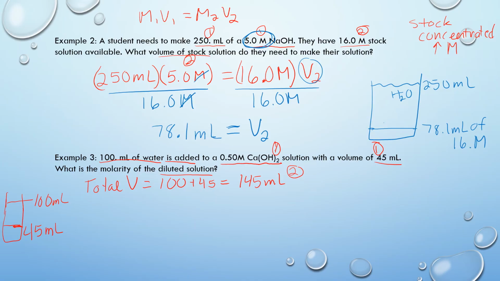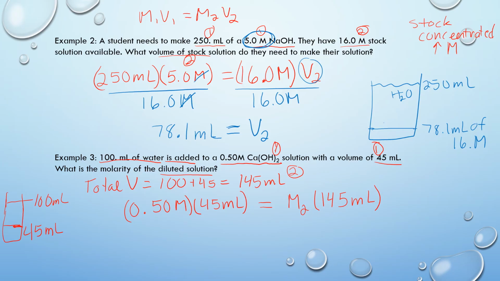So let's plug into our equation. So I know I've got M1, and that's paired with V1, 45 milliliters. And I don't know my new molarity, but I know I have a total of 145 milliliters when we add in that 100 milliliters of water. So now we have to solve.